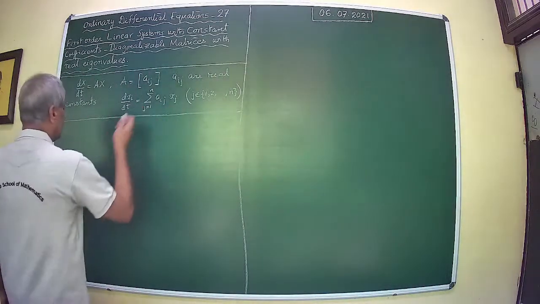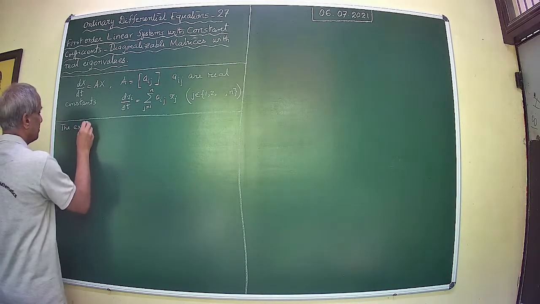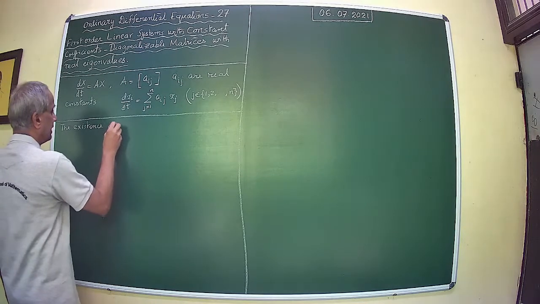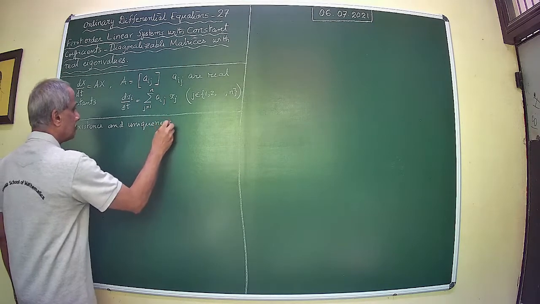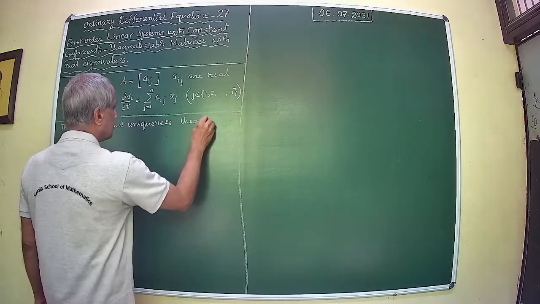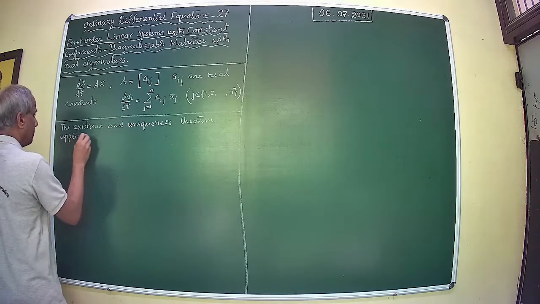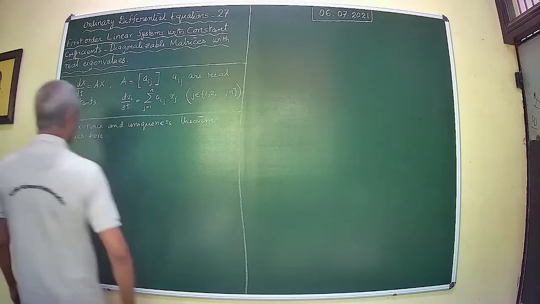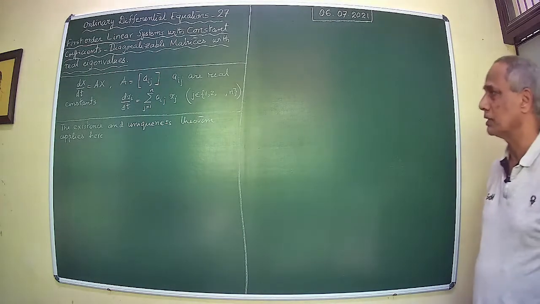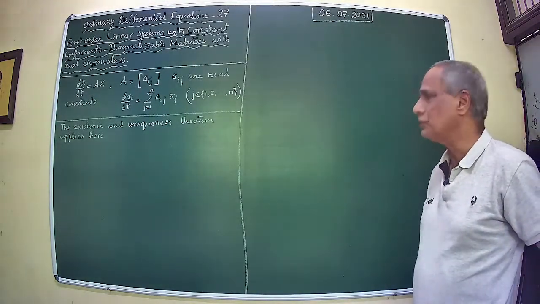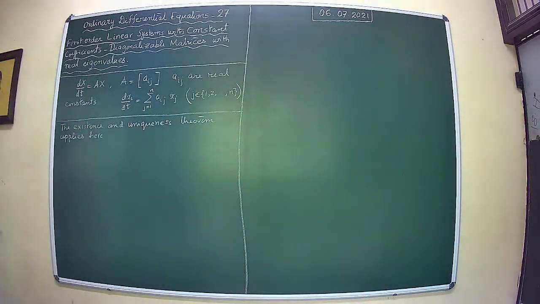So, first of all, the existence and uniqueness theorem applies here. Therefore, given an initial data, you are assured of a unique solution for this problem, and in fact every solution is defined on the entire t interval, namely from minus infinity to plus infinity.